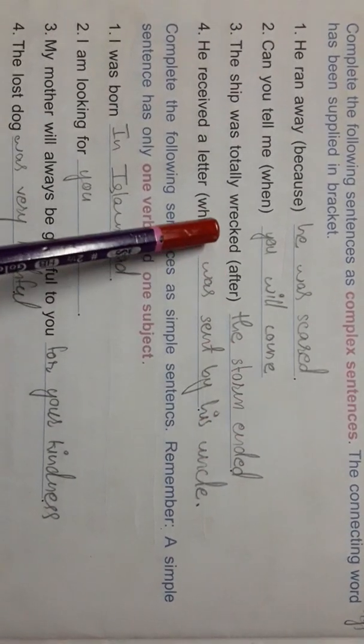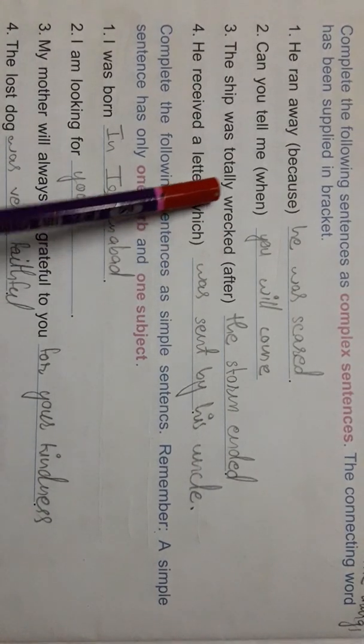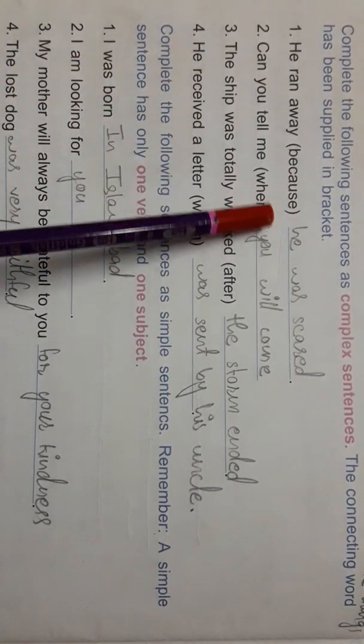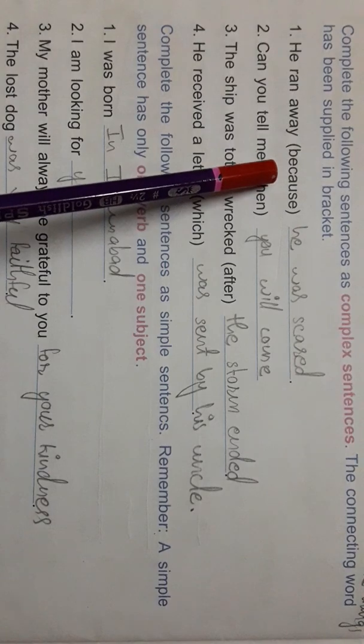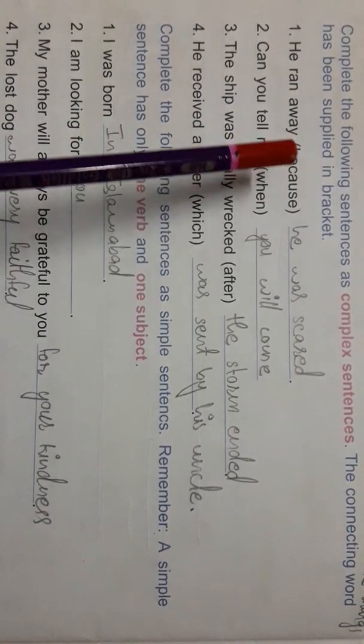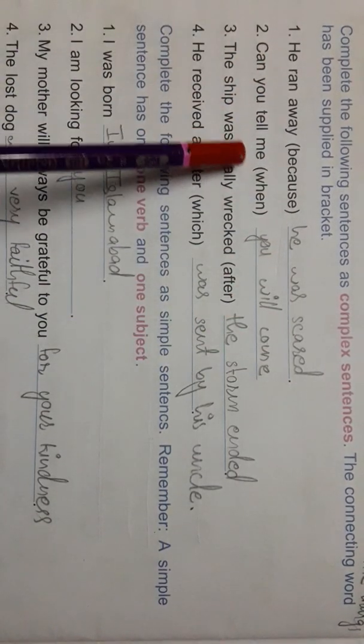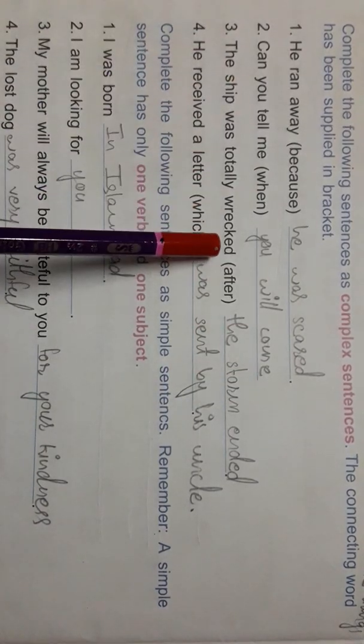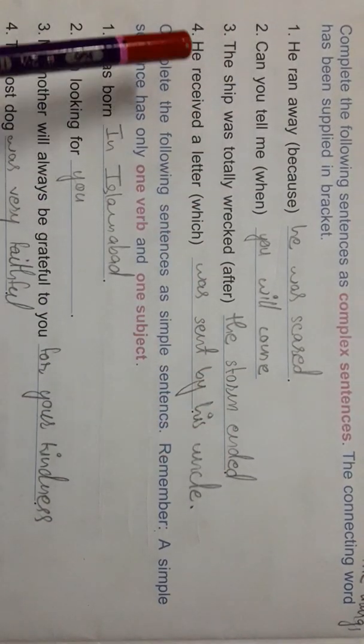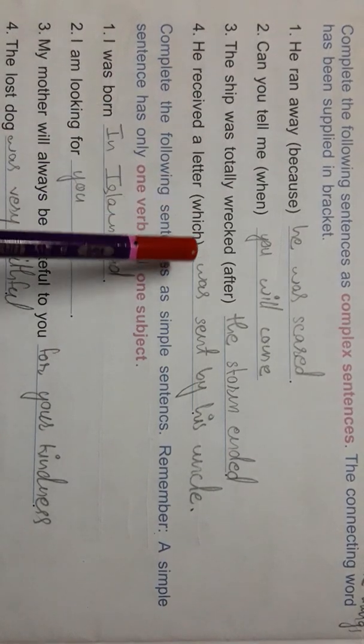So I have completed it like this because the joining words or conjunctions are given here, and you have to complete the sentence by joining these words. Like, he ran away because he was scared. Can you tell me when you will come? The ship was totally wrecked after the storm ended.